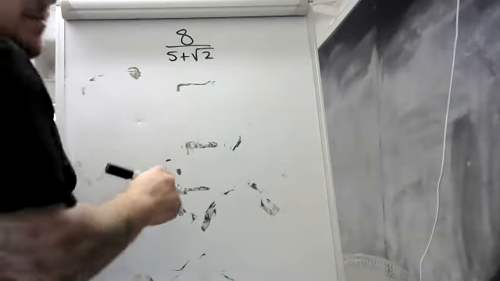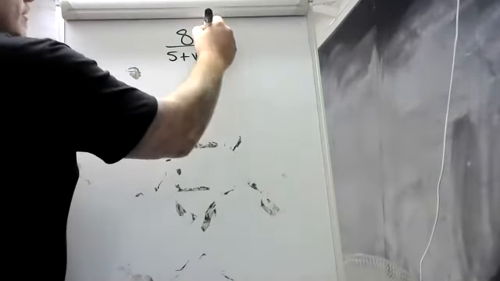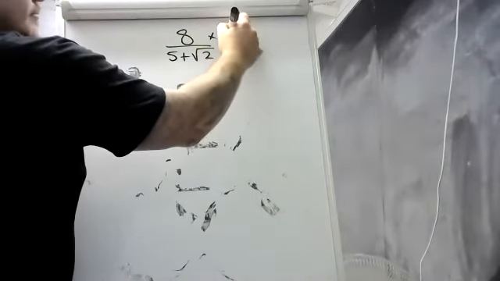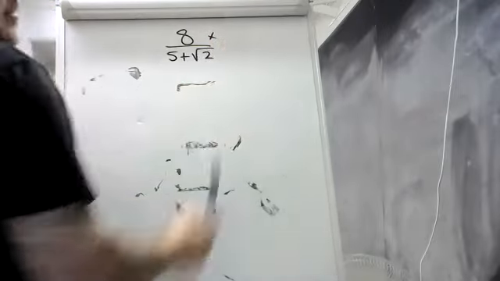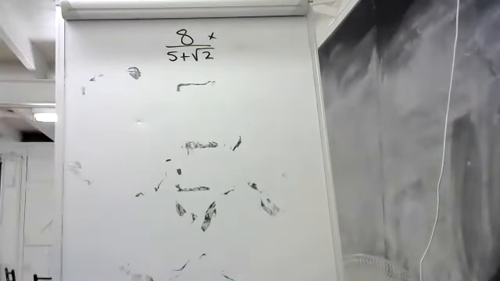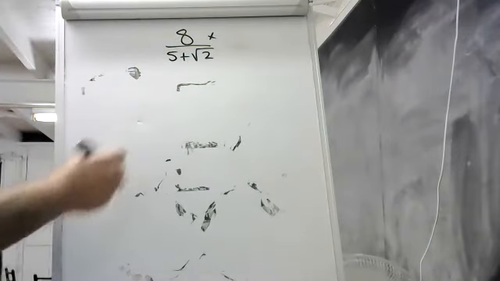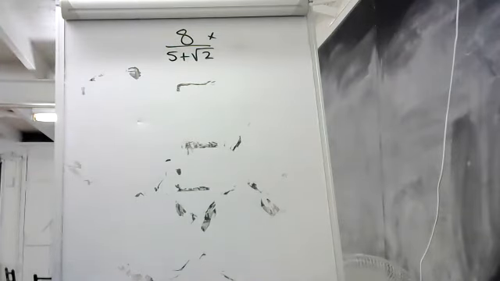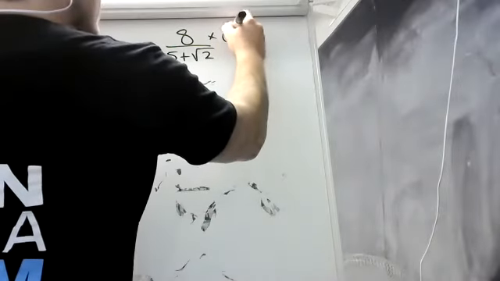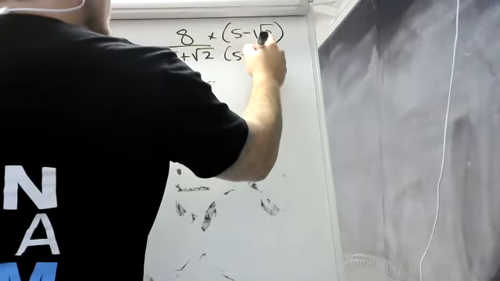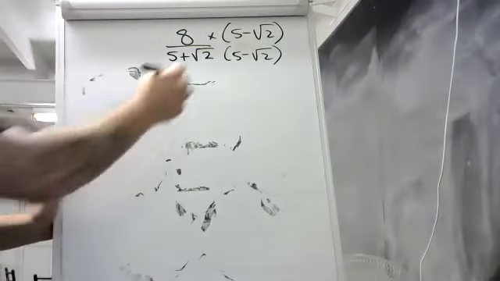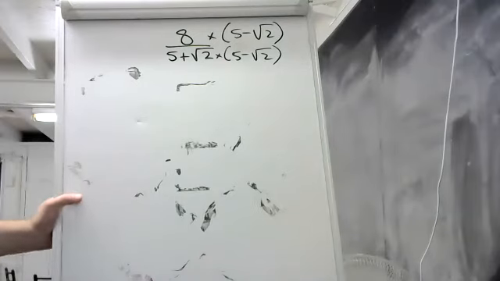So we would end up having to times again. What we need to do, because this is a type 2 question, is turn the plus into a negative. So we times by 5 minus square root of 2. That gives us our double brackets.